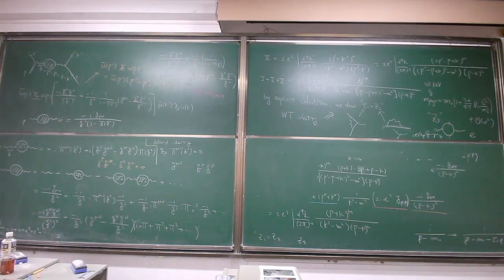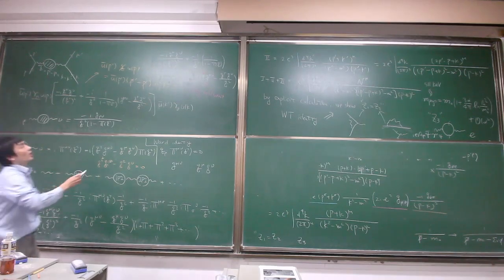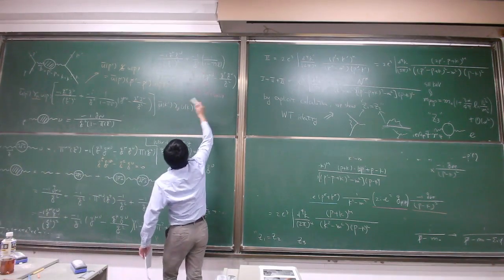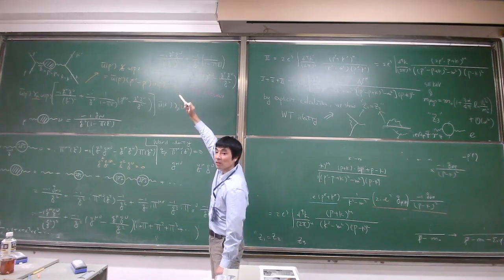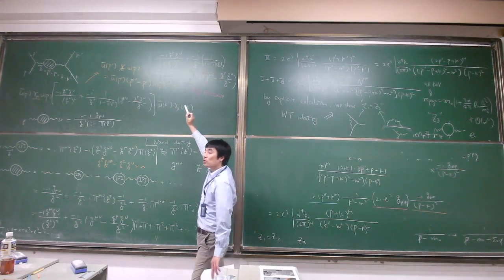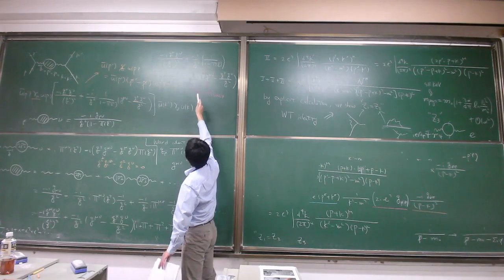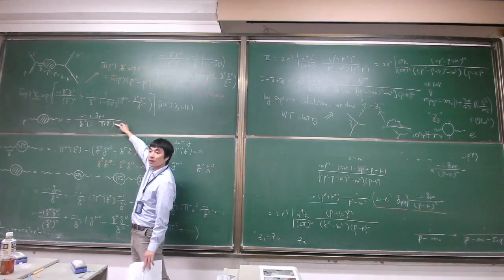Do you understand? Is it okay? So I just pick only this term and just throw away the other two terms, which are proportional to Q mu and Q nu. I just pick only this term, and that is this guy.